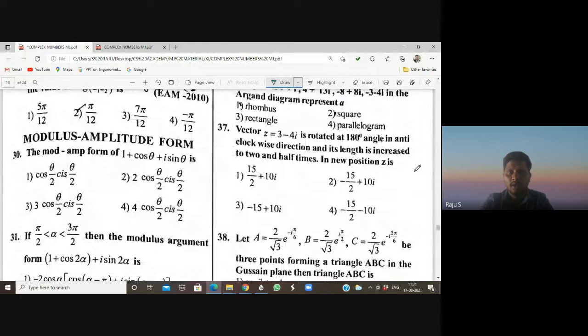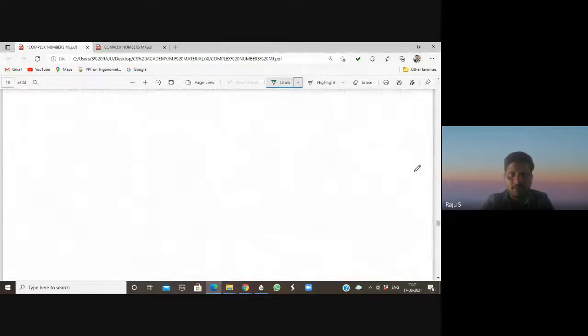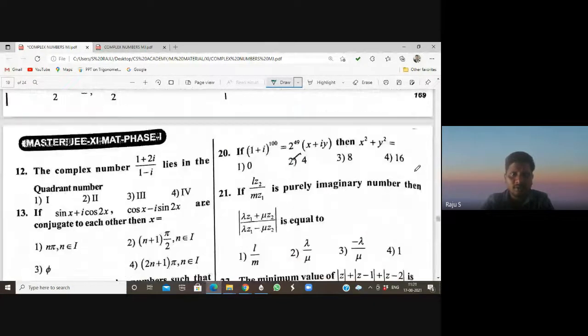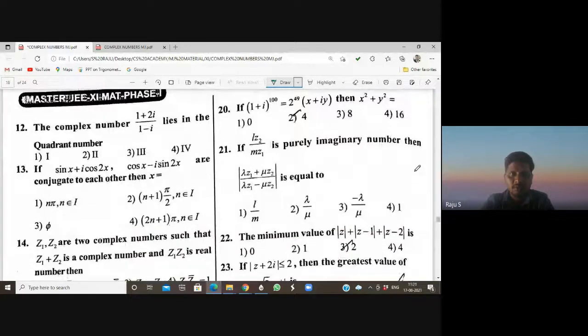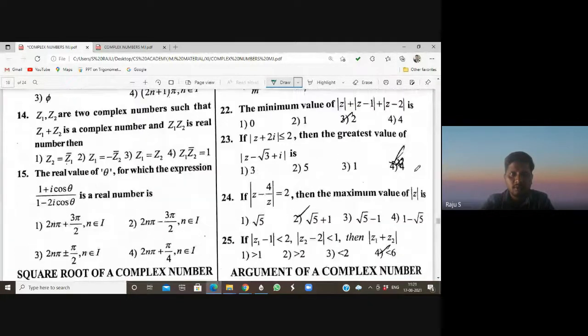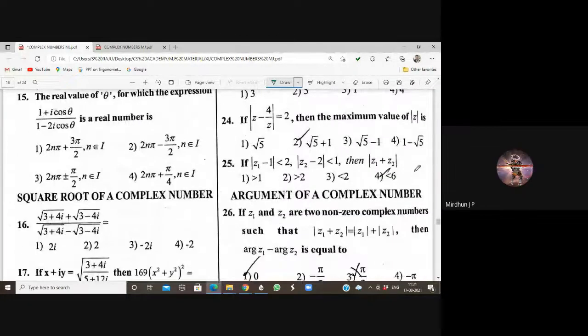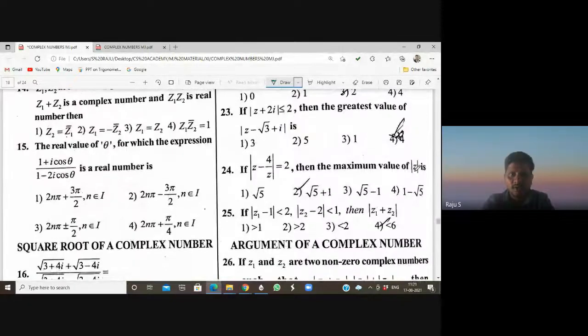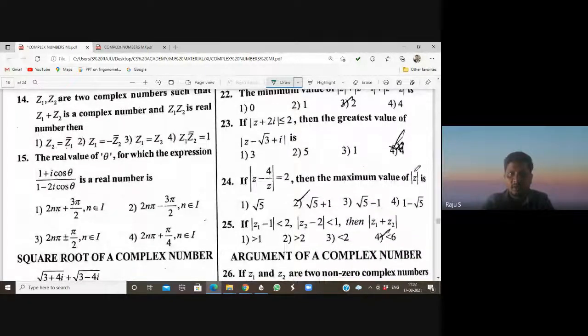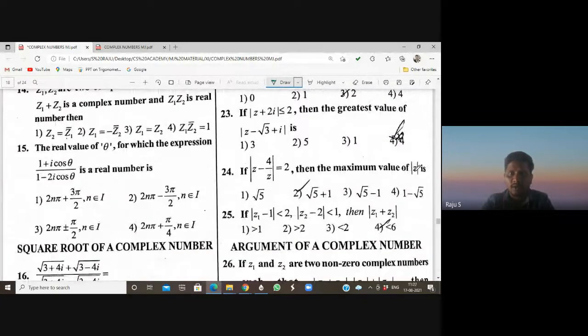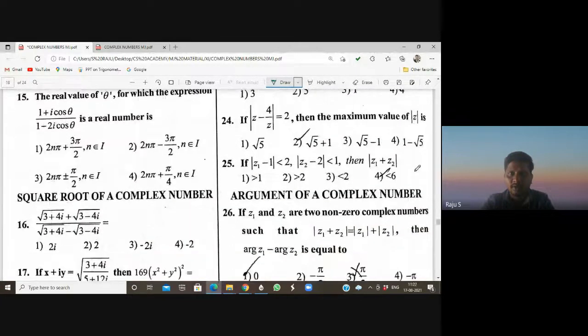So mostly we completed De Moivre's theorem and cube root of unity problems. I think in previous classes we completed till question number 22. Okay, let's do the remaining 3 problems and then we'll do the argument.